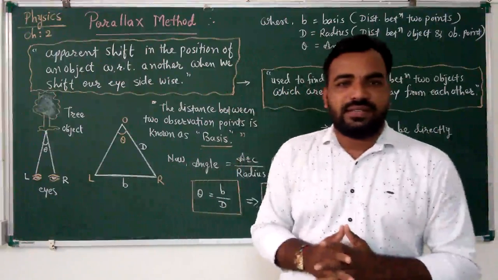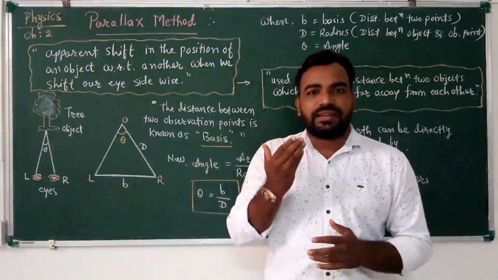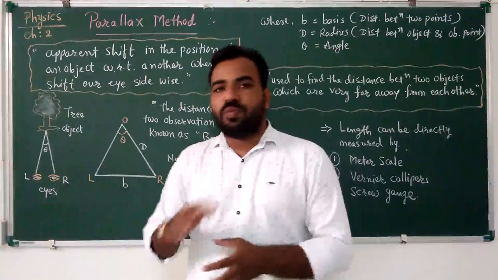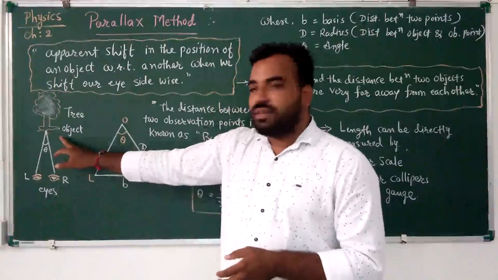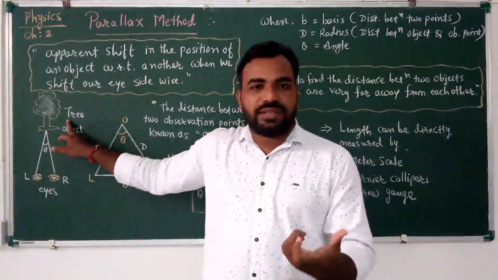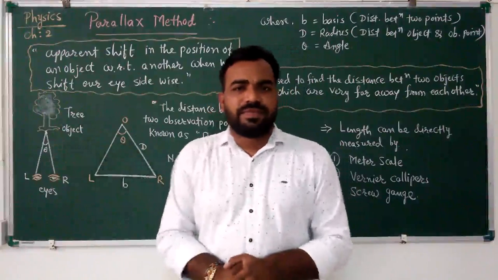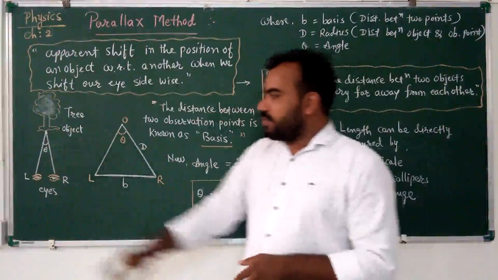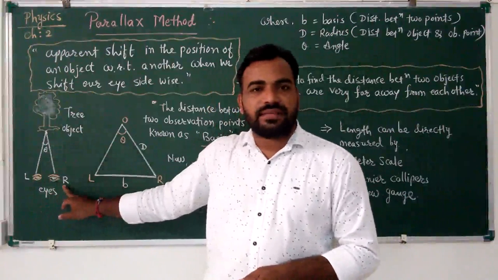We have two eyes. If we close our left eye and if we open our right eye, and if we observe this object, here we have a tree in the figure, and this tree is nothing but object, right? So close this eye and open this eye.